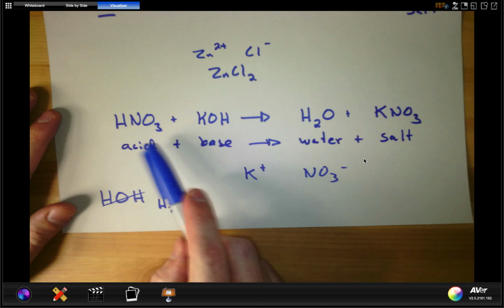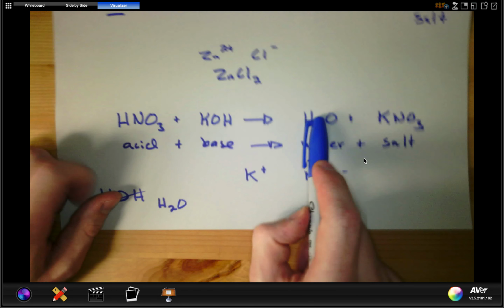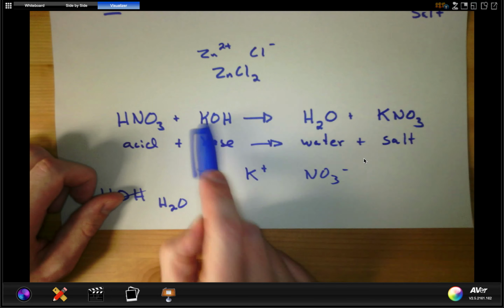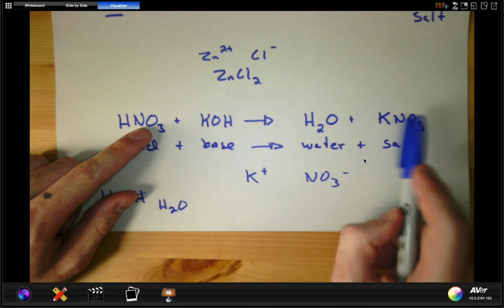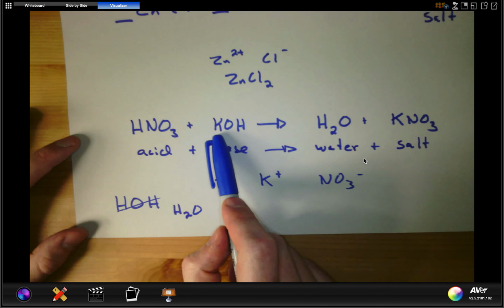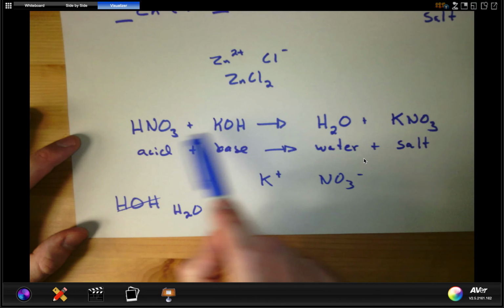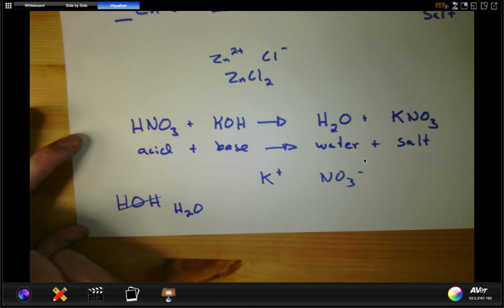Every time you have an Arrhenius acid or Arrhenius base, the H and the OH will make the water. And then you're left over, and you've got to be careful here, though. It's not NO3K. Always remember the positive ion comes first when you're writing these formulas. So you get acid plus base, water, and a salt. That's really as tough as it gets.